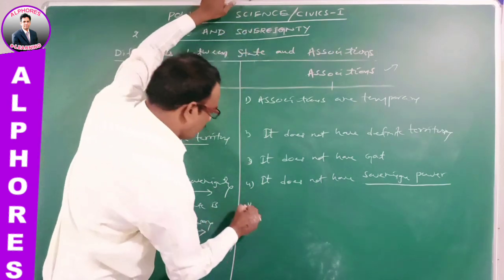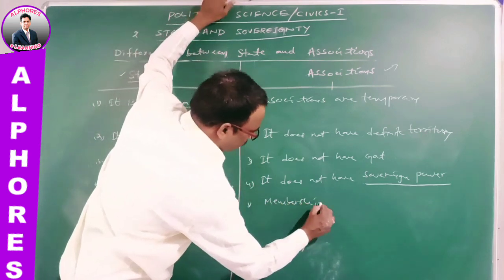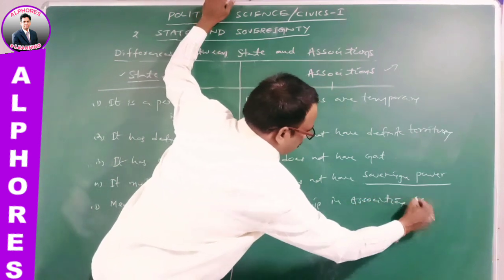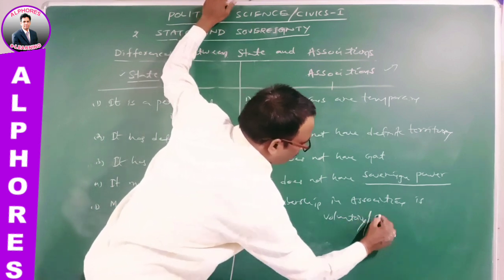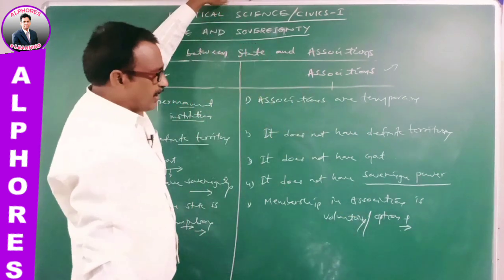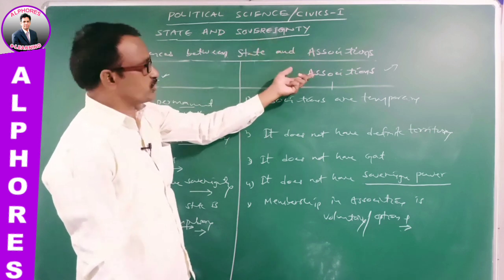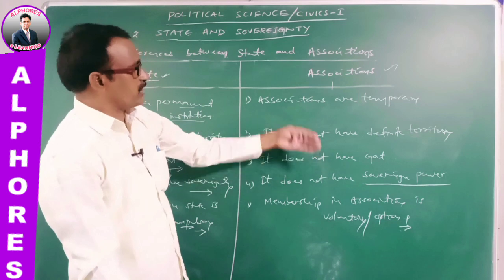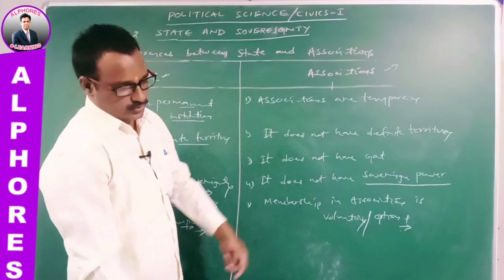Whereas membership in association is voluntary or optional. So the individual may or may not take the membership in various associations. There are various types of associations. That depends upon the wish and pleasure of the individuals.